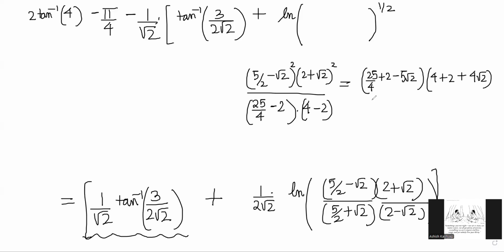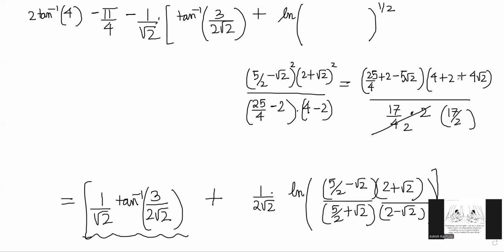This is coming on top divided by, here I get a 25 by 4 minus 2. So that is 8 by 4. So 17 by 4 multiplied by 2, right?